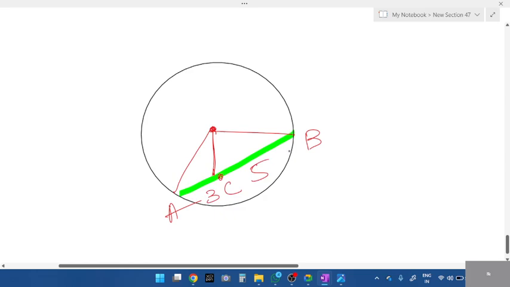Is the distance same or different, students? A to C and C to B. Different. If it is different, it is not bisecting into two parts, right? So will this line OC be 90 degrees? Do you think OC is 90? No, OC is not 90. If it was 90, both would have been the same. That's the concept.